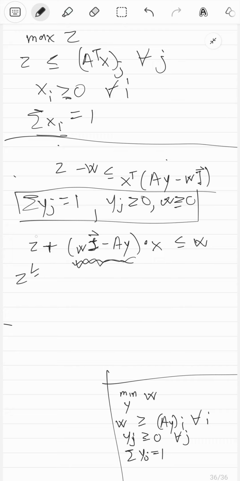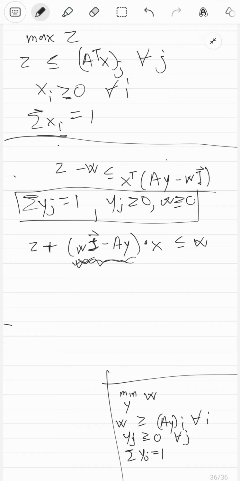Then z will be less than or equal to this quantity, and then you really just have z is less than or equal to w, right? So then we just minimize w and you get some sort of an upper bound on z, right? Imposing that would go like this: let's think of the ith entry, because x is a vector with i as the index.